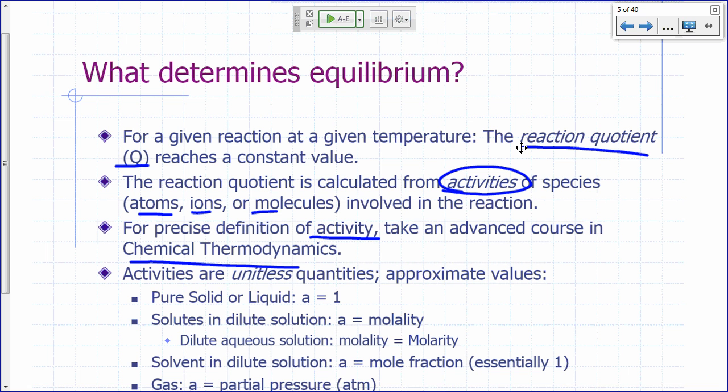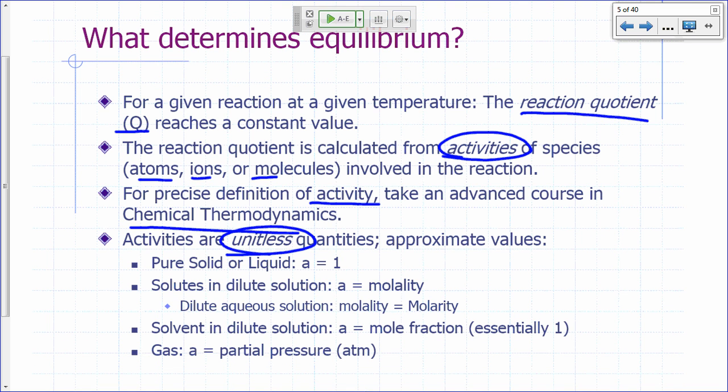We're just going to say that these activities, these are unitless quantities, by the way, we'll just approximate them. These activities are related to concentration and pressure. At this level, if we're dealing with a pure liquid or a solid, the activity is 1. If you're dealing with solutes in dilute solution, then the activity is just the molality.